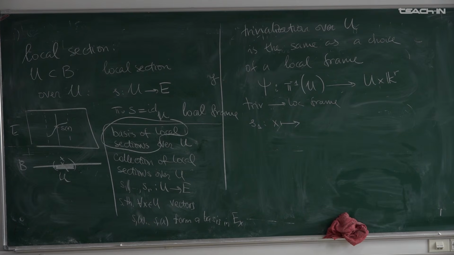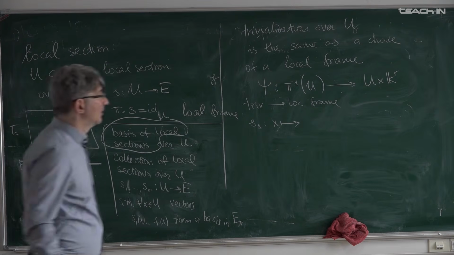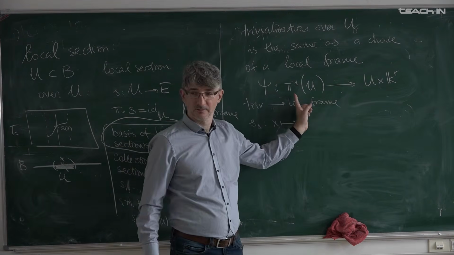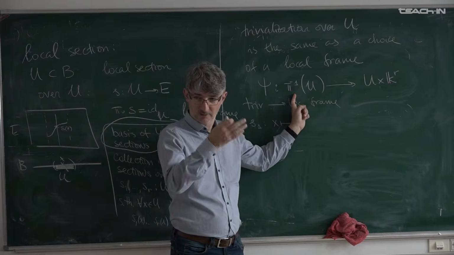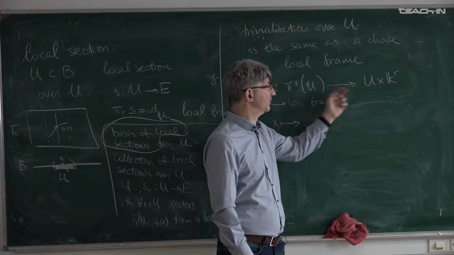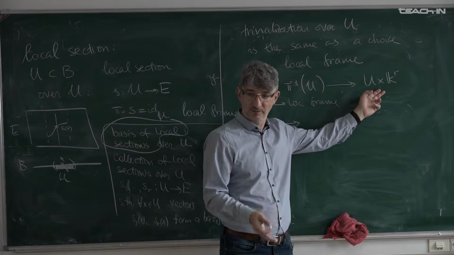I need to choose a vector in the fiber over point X. Which one? Can choose the first vector. Yes, but not here. Here. Because this is a part of our vector bundle.